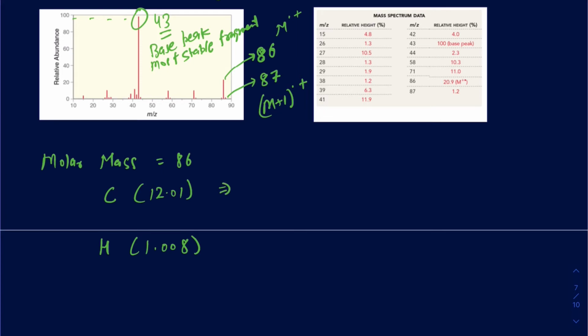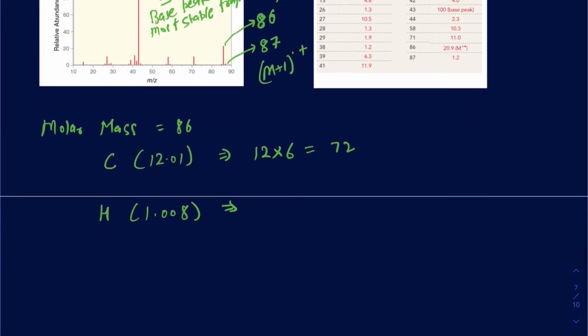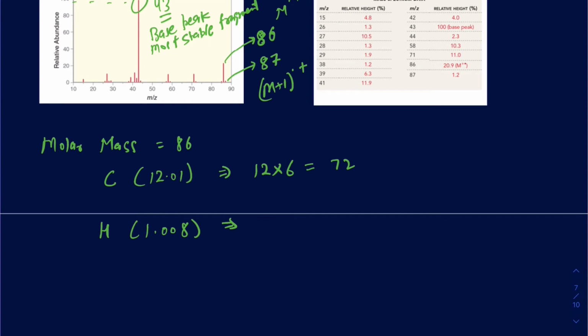So technically, if I say I have 6 carbons, 12 times 6 is 72, and to get to 86, I have 14 left. So 14 hydrogens. Based on that, I'm making C6H14.